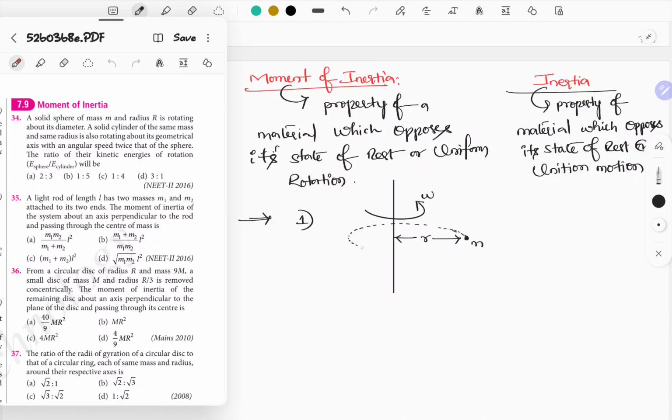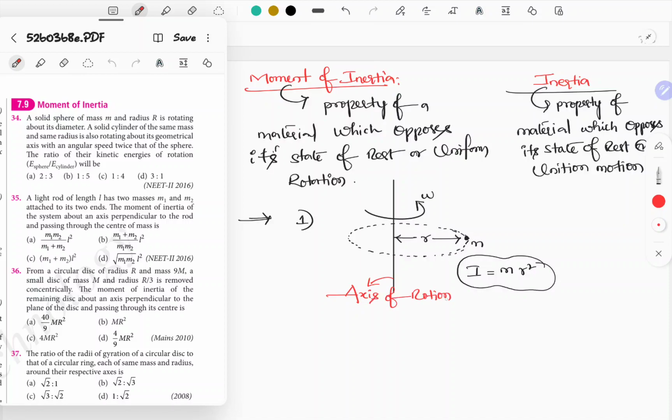Then the moment of inertia of this particle is I = m r², where r is the perpendicular distance of the particle from the axis of rotation. The axis around which the particle is rotating is called the axis of rotation.